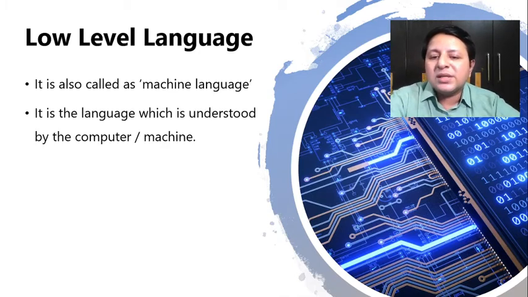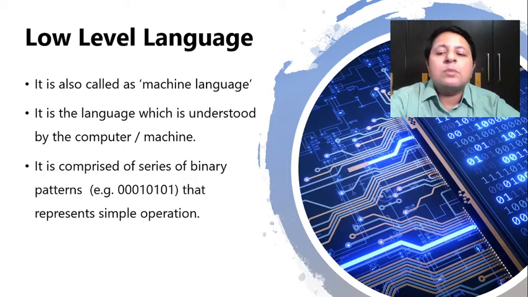This is the language which is understood by your computer or by the machine. Now how exactly will this language be represented? We can say low level language or machine language is comprised of a series of binary patterns, like 01, 01, 01 and so on, which are used to represent the different instructions or operations that your computer has to execute.